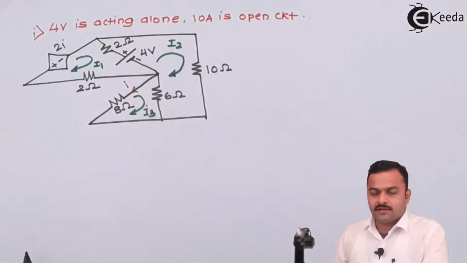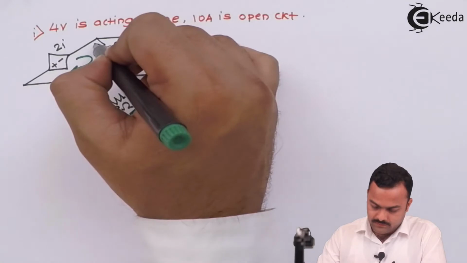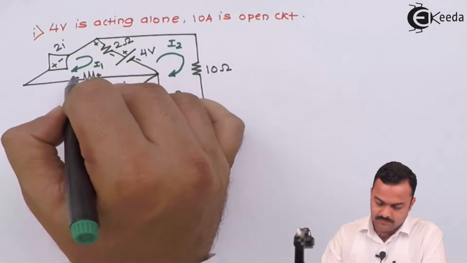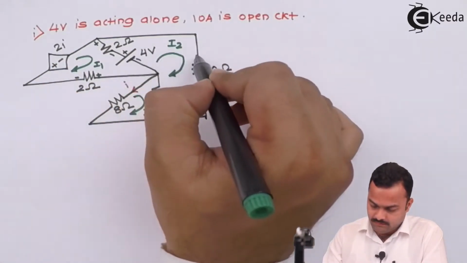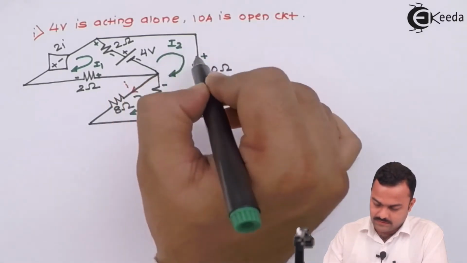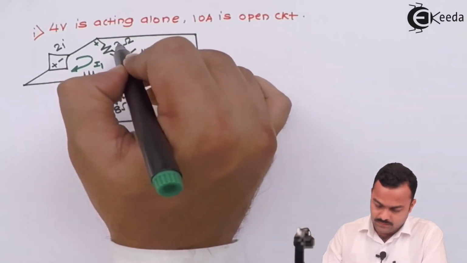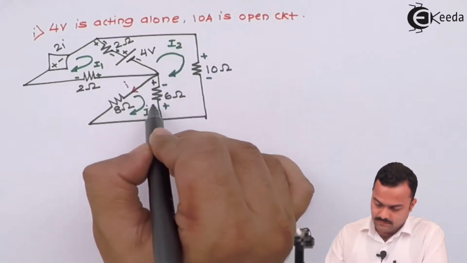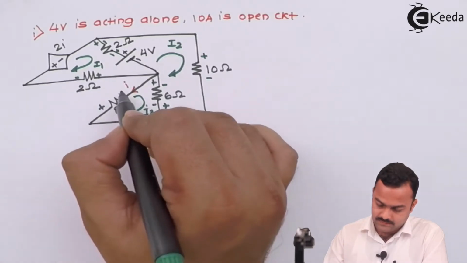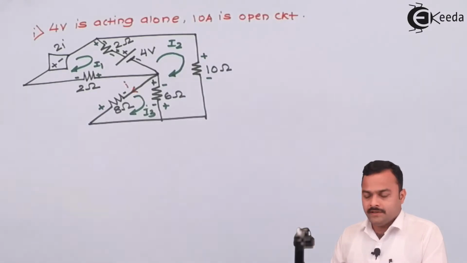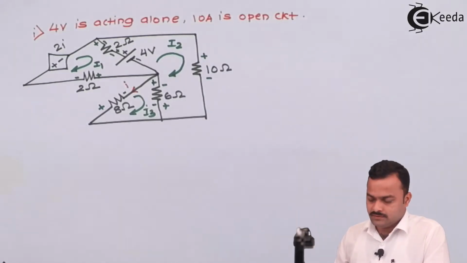Depending upon the current passing through each resistor, you will get voltage drops with plus minus polarity like this, because of I1, because of I2 for the 6 ohm, then for the 2 ohm in this manner, and because of I3 you will get voltage drops like this. So we are ready to apply Kirchhoff's voltage law to mesh 1, mesh 2 and mesh 3.